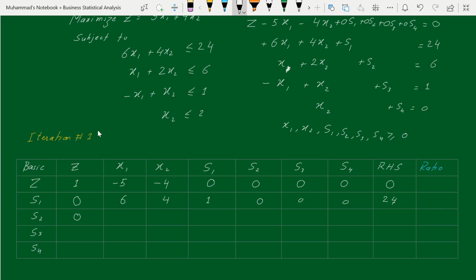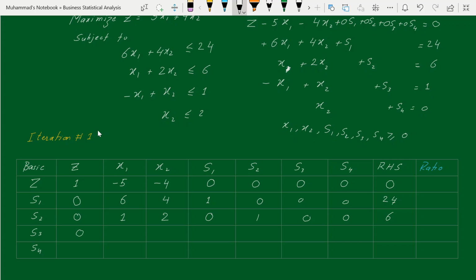Okay, so similarly we can write down another constraint, which is 0, sorry, here this is x1. So x1 is 1, and then it is 2, it is 0, 1, 0, 0, 6. Similarly, we can write down this one.